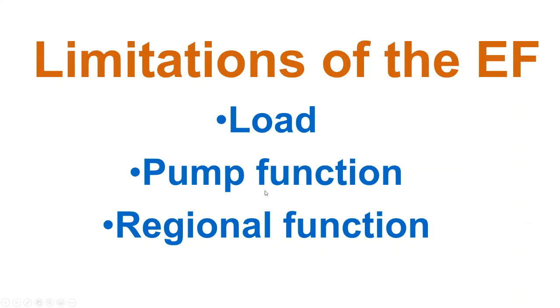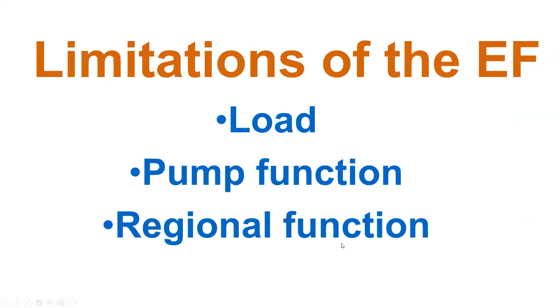Pump function, meaning what the ventricle is actually generating in terms of stroke volume. As you'll see, you can have a superb ejection fraction, but if your chamber is small for the size of the body, your pump function may not be normal.